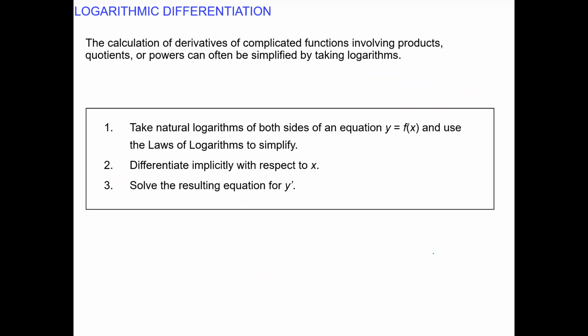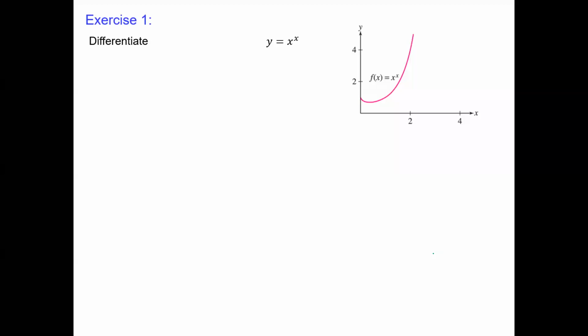Let's see what we will do. We have some steps. We will take the logarithm of both sides, use a couple of properties of logarithm, use the implicit differentiation, and solve for y prime. For instance, x to the x.